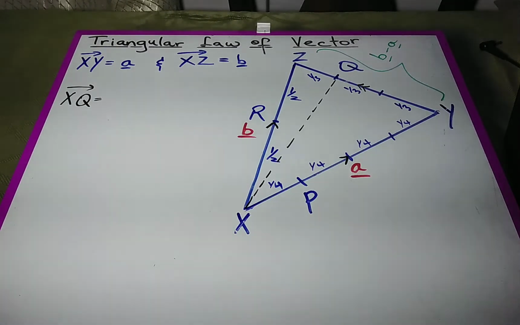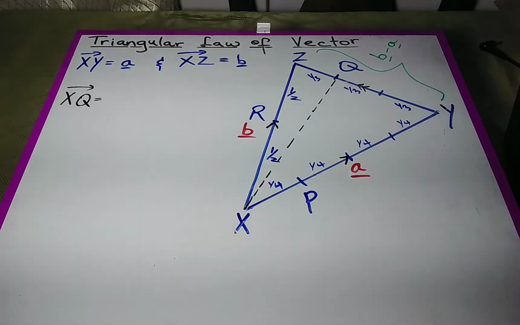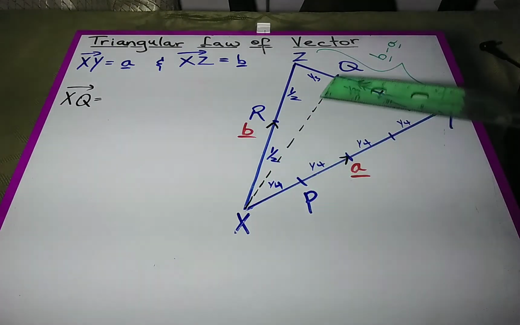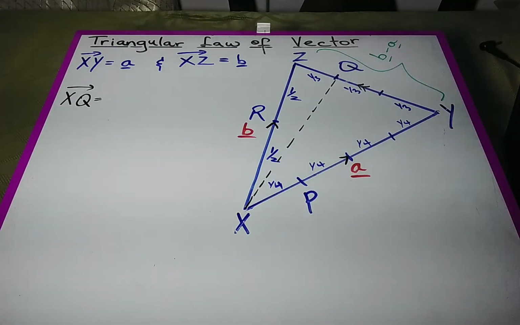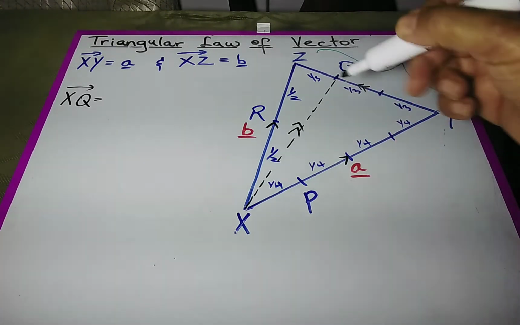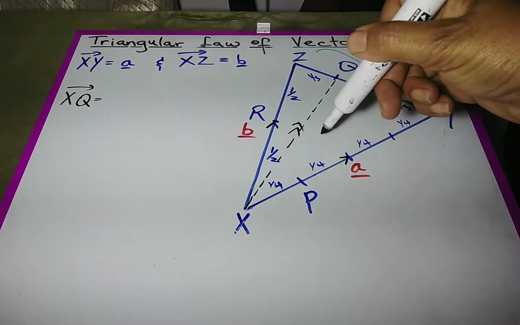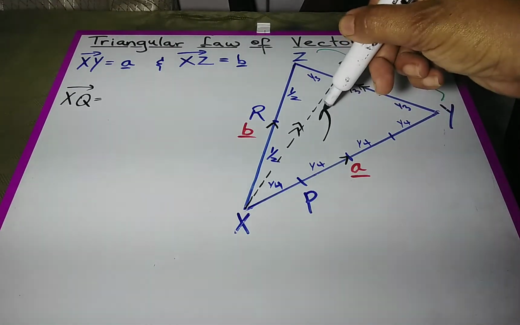Next, we're asked to find vector XQ. I always like to put in the broken lines to give me an idea what the resultant is. So I'm going to put in my double arrow. In relation to this little triangle, it's going in an anti-clockwise direction.